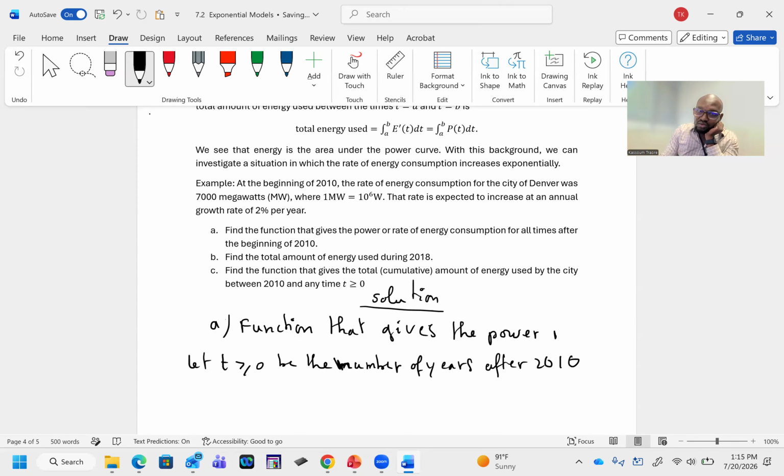And since we use P(t) as the power function, let P(t) be the power function that gives the rate of energy consumption at time t.